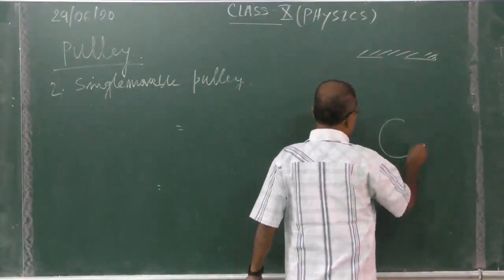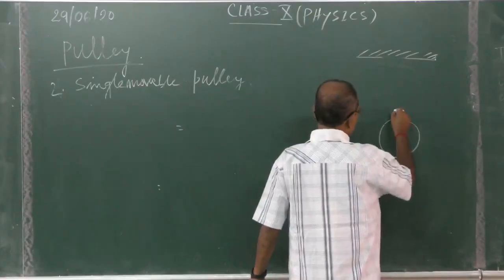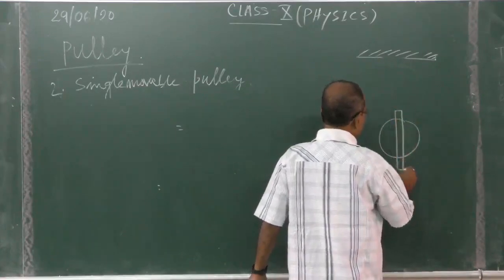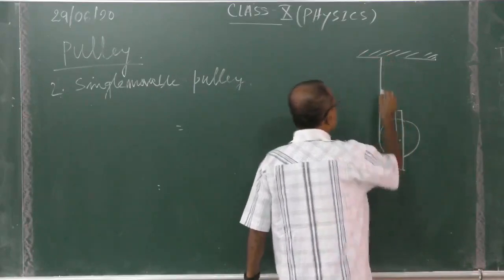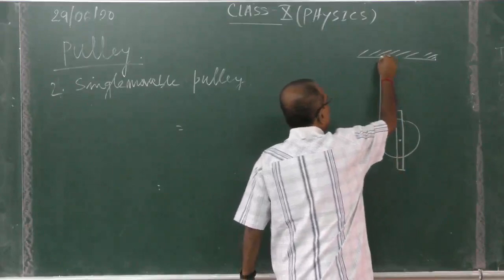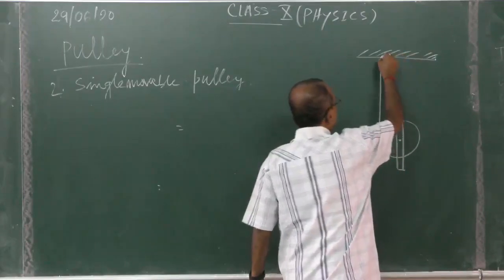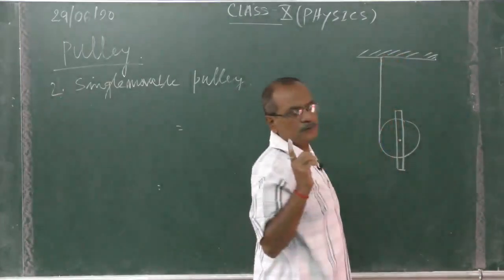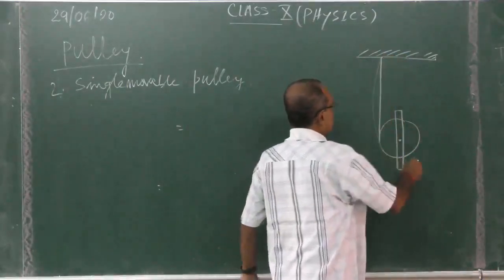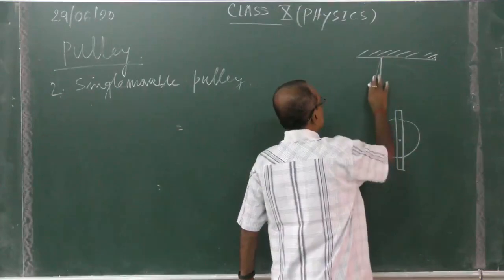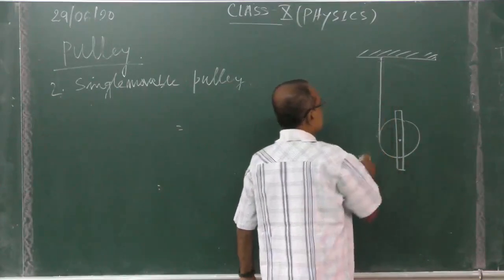This is the pulley. One end of the rope will be fixed. Now keep in mind the segments of the rope must be straight. You must draw, don't draw in this way, because always they are in tension with the load.